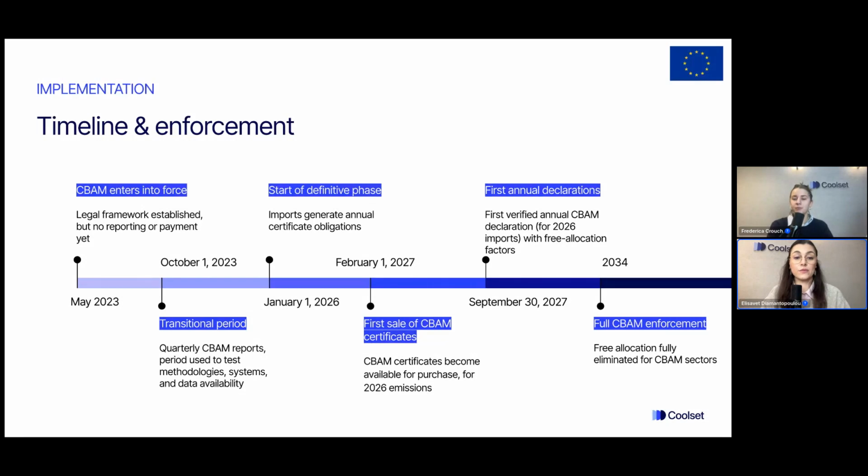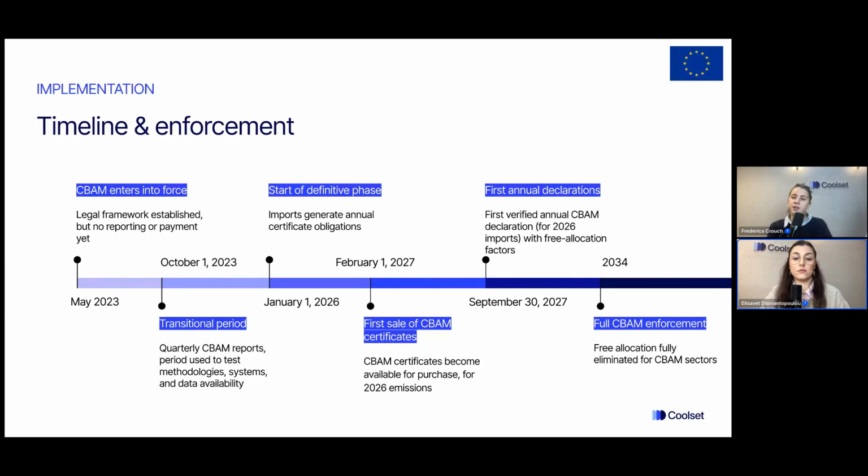But from January the 1st, so a couple of weeks ago, the definitive phase began, and this is where CBAM came into action financially. So now the carbon cost obligation is there. And by September 2027, this is when the first annual reports are required. So throughout 2026, you should be tracking and monitoring and getting that data from your suppliers, which we'll go on to later.